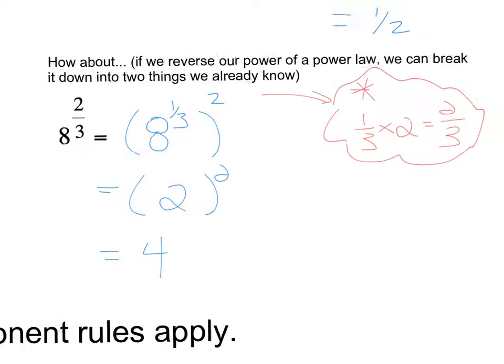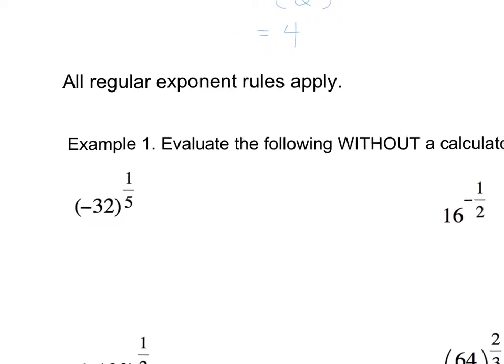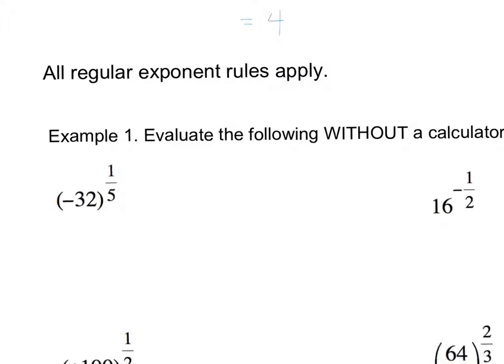All our regular exponent rules still apply. Everything you learned in the last couple of lessons, we will still use moving forward. Now some examples. We want to do these questions without the calculator.